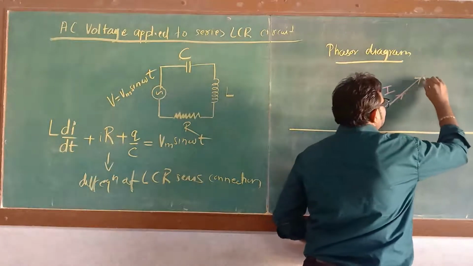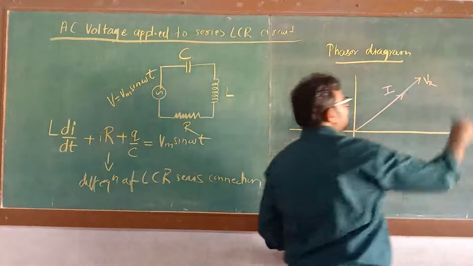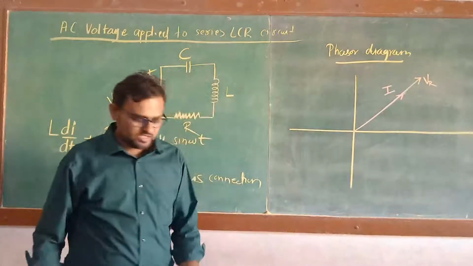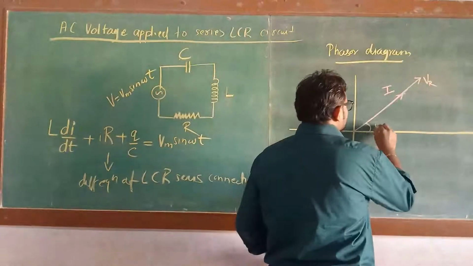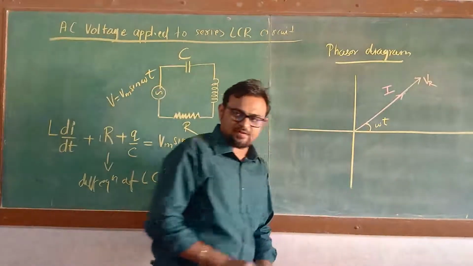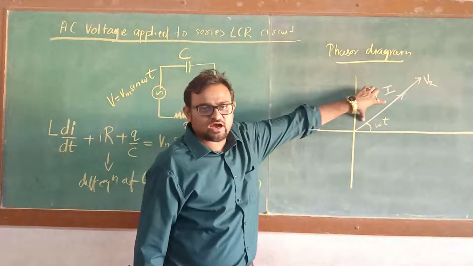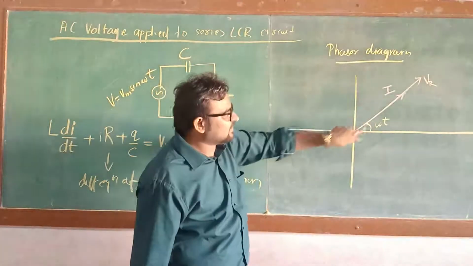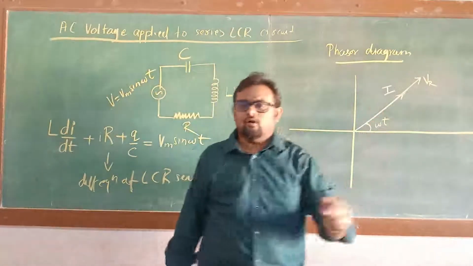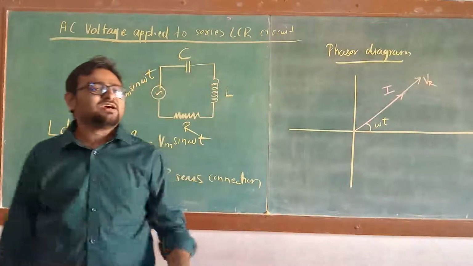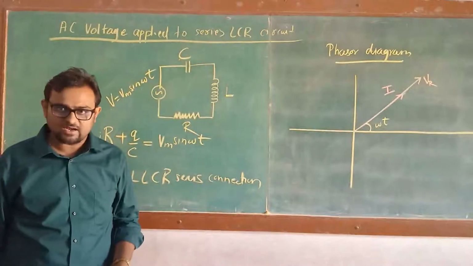Let's take this as VR. We take this angle as omega t. At any time, if I is the phasor of current, then this will be the phasor of voltage across the resistor VR.